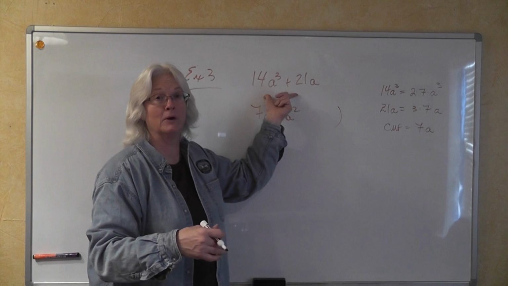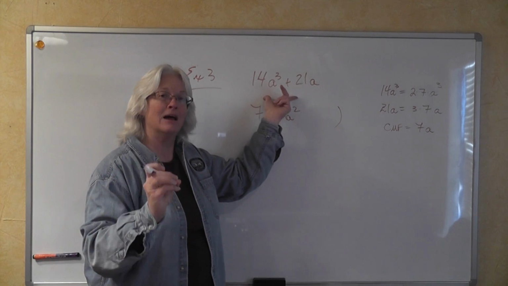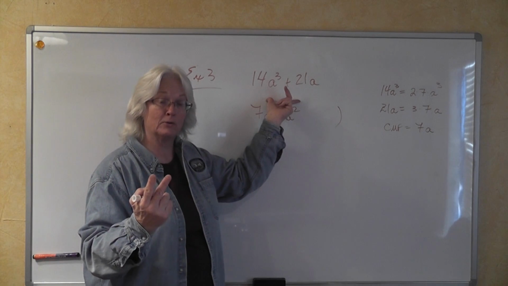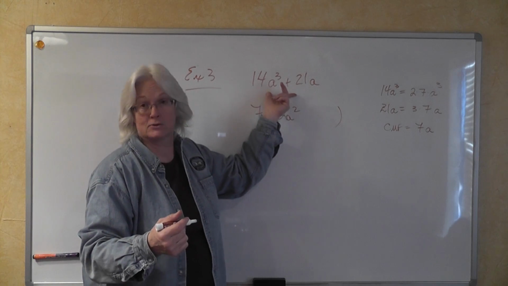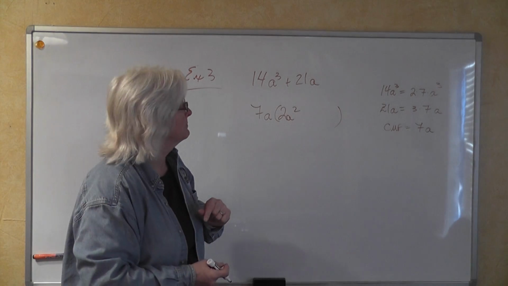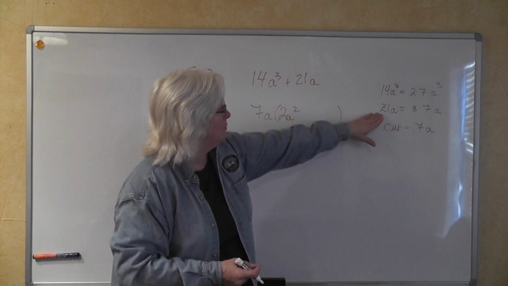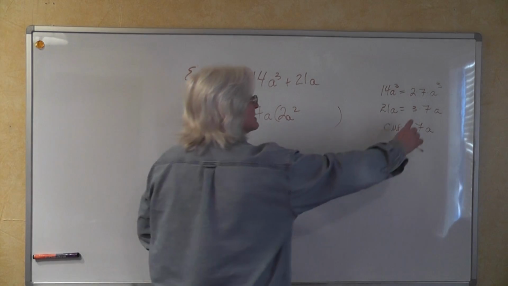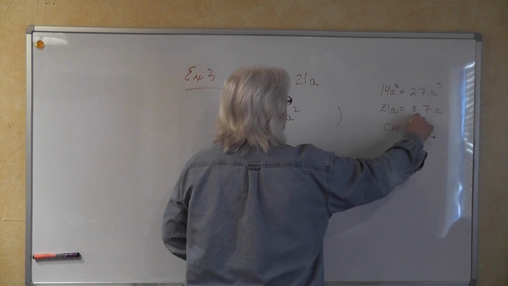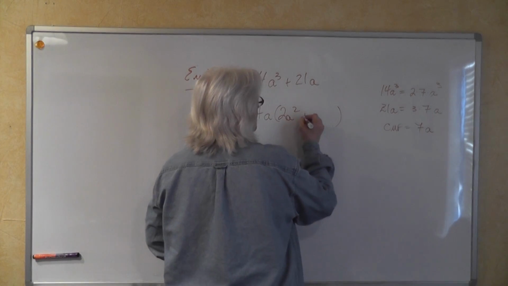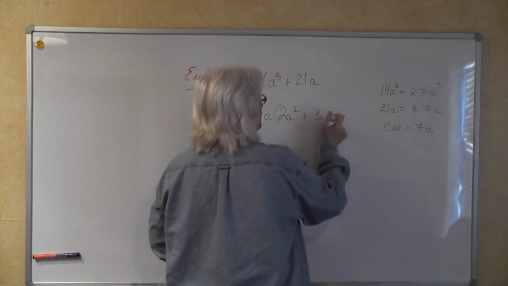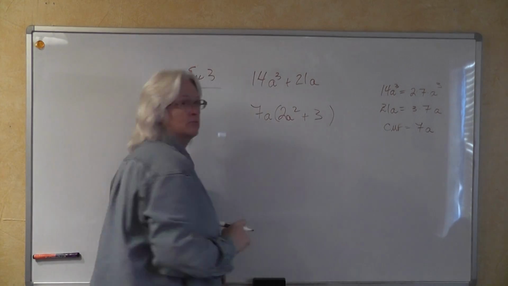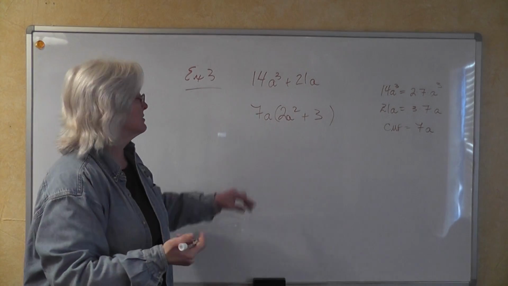This is a polynomial, even though it's specifically a binomial because it has two terms. Technically, you can refer to it as a polynomial. Now, 21a. What is the common monomial factor? It's 7a. What factor do we have remaining? We have a positive 3. Did we get the right answer?